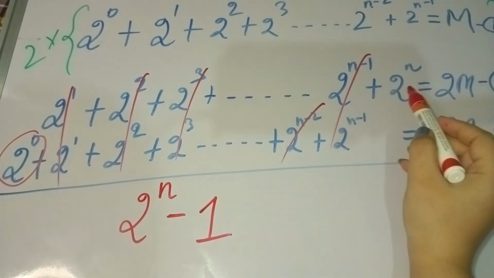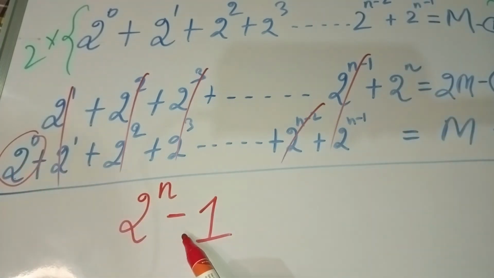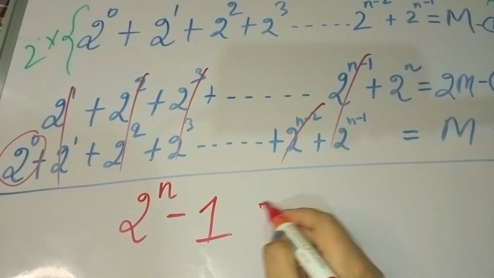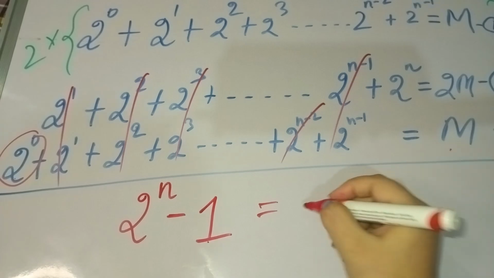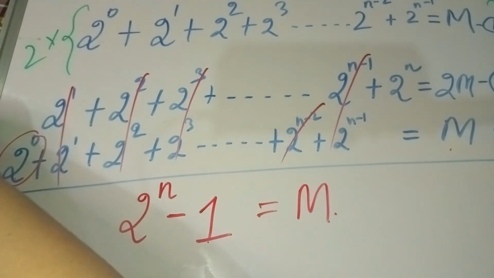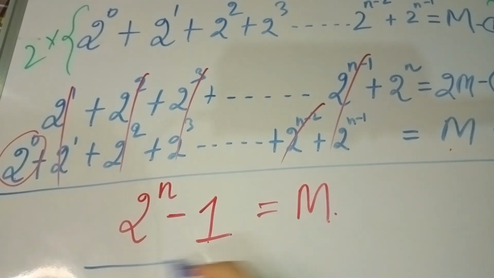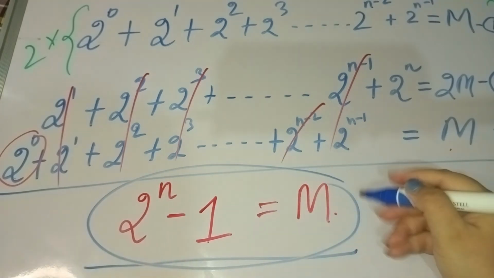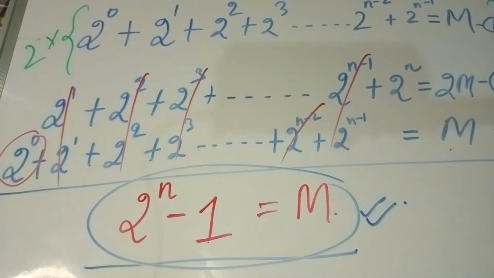So in the end, what will be left? 2 to the power n minus 1, which is equal to 2m minus m, which is m. So this is where we got the formula for the Mersenne prime numbers.